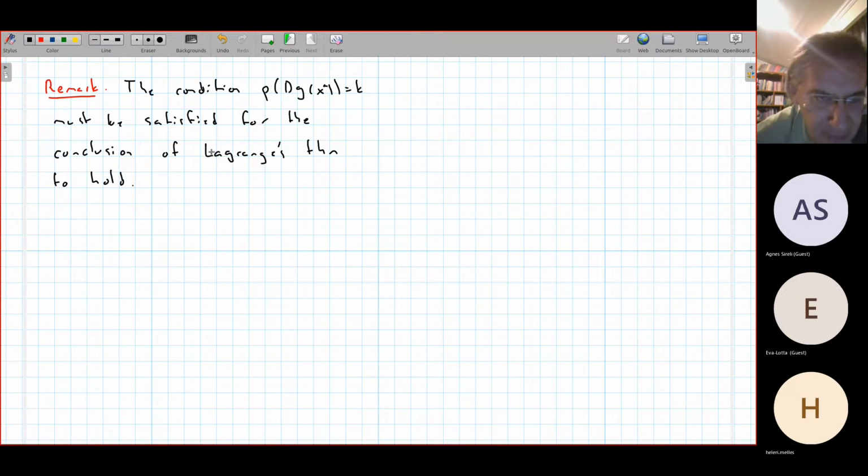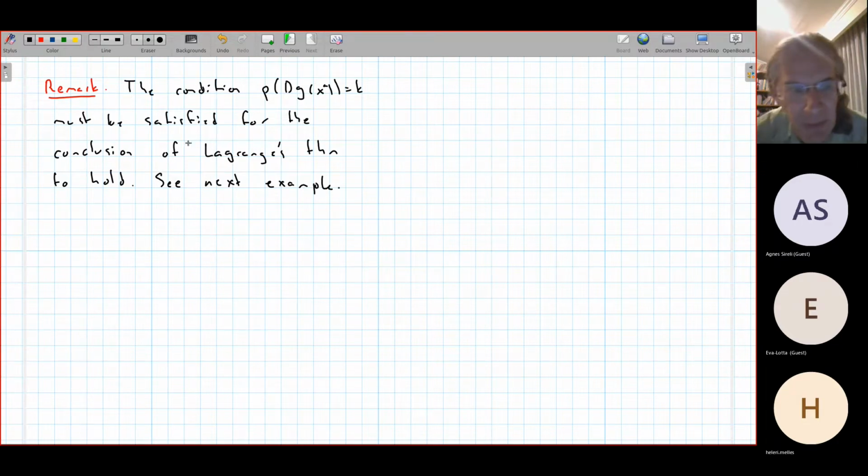And we are going to illustrate this with the following example. So see the next example. In the next example, I'm going to consider a particular case in which this condition is not satisfied and the conclusion of the theorem doesn't hold. Okay.